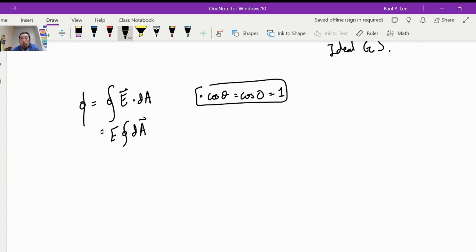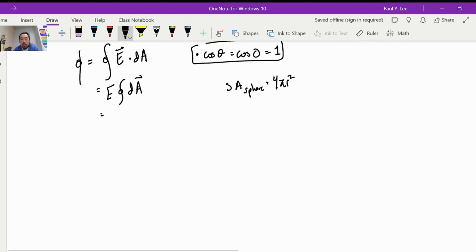Well, we know what the dA is, right? We created that dA. That dA is the sphere. So what is the formula for the surface area of a sphere? Well, it is 4 pi r squared. So we can do a little substitution.